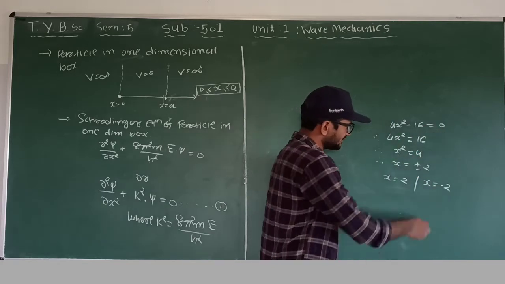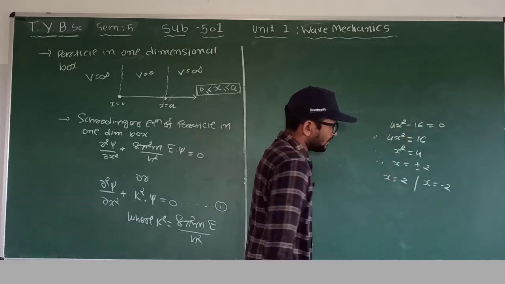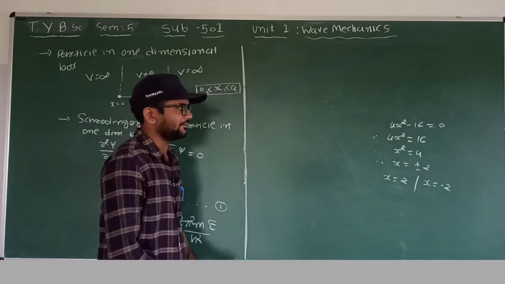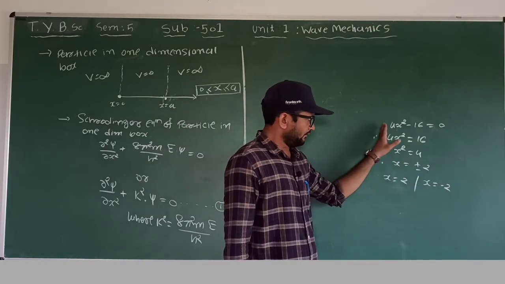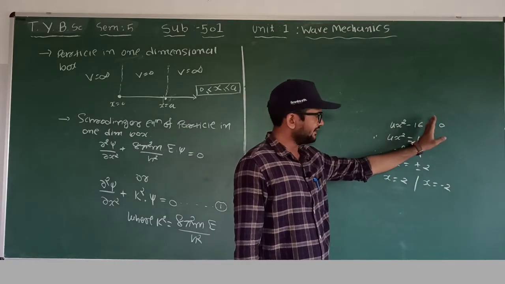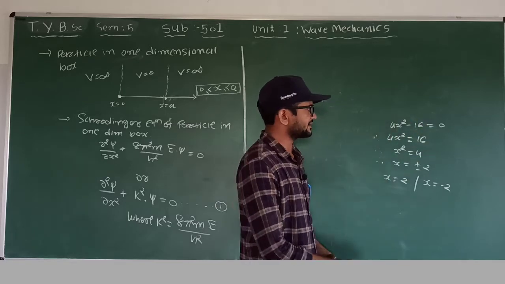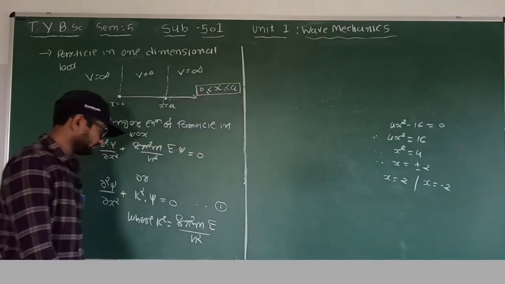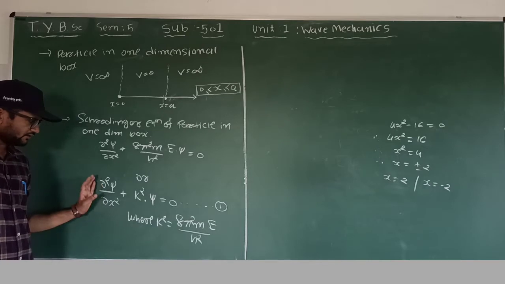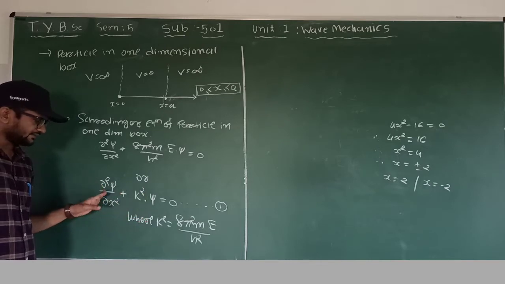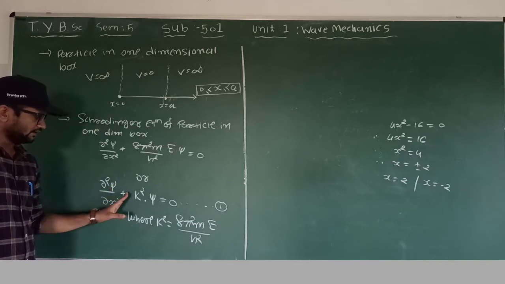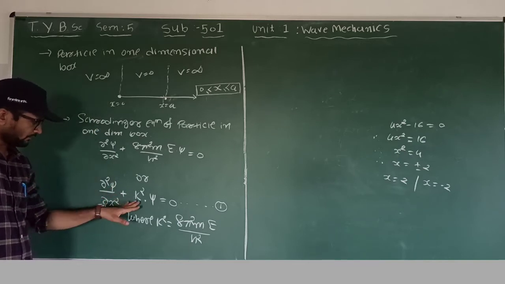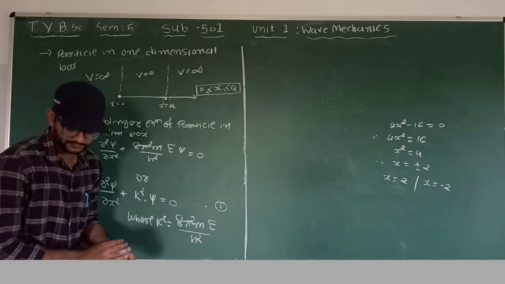So the general solution of any equation is the value of the variable that satisfies the condition of the equation. Now what is the general solution of this equation, which is the Schrodinger equation for a particle in a one dimensional box?